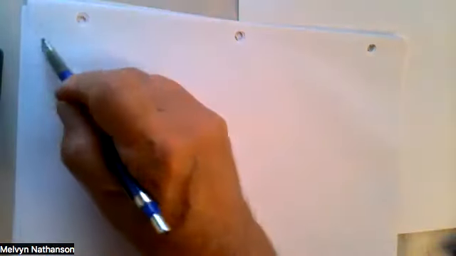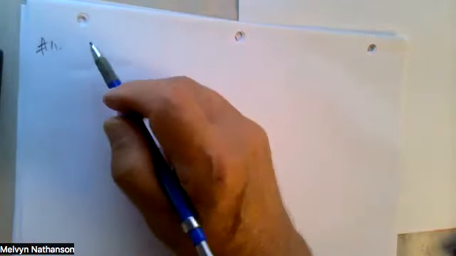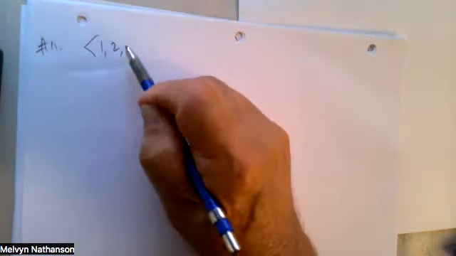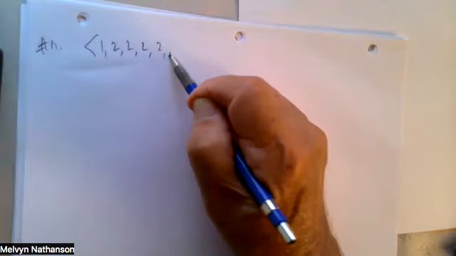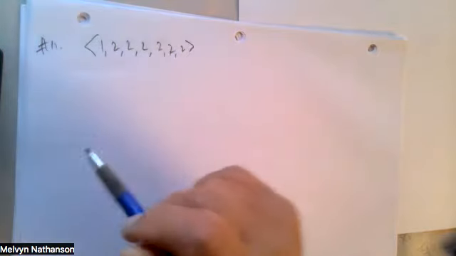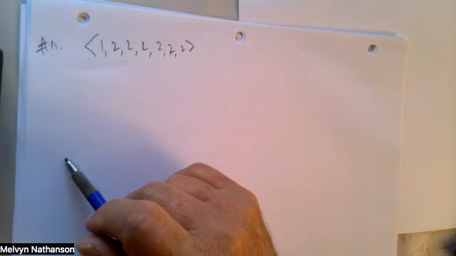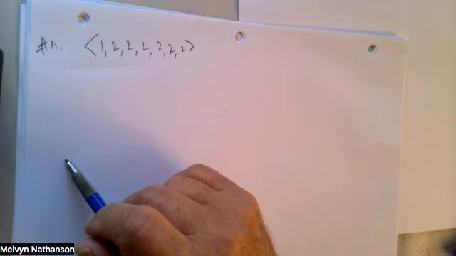So number 11, we have the continued fraction 1, 2, 2, 2, 2, 2. So let's compute this.